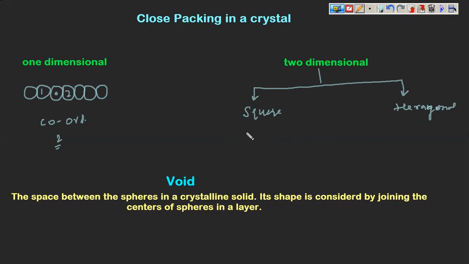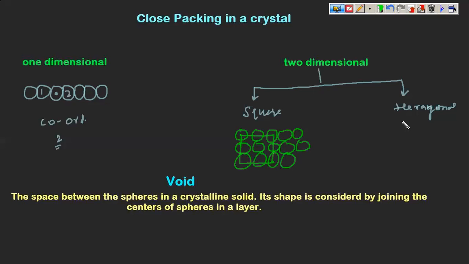If two rows formed in one-dimensional packing are just aligned, aligned means the particles are above one another, then it is square close packing, like this. If you look at the particles, they form a perfect square here in two dimensions.